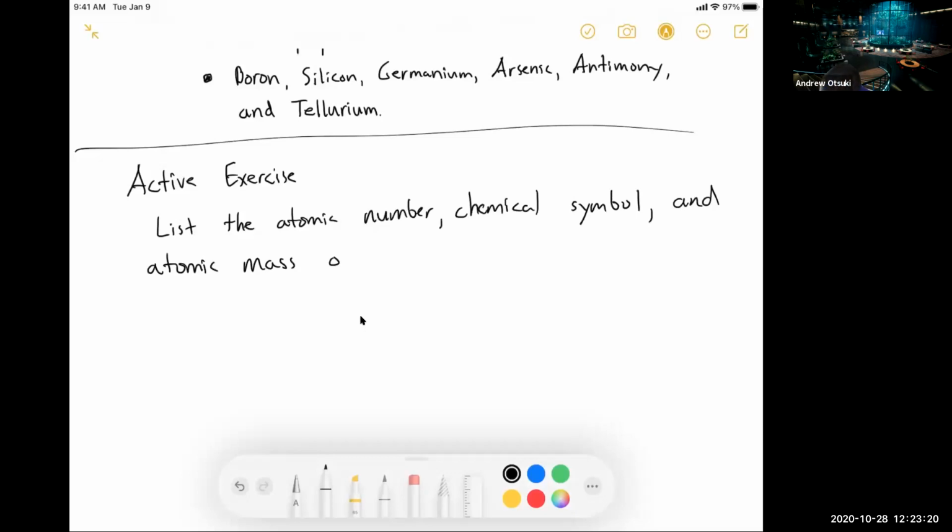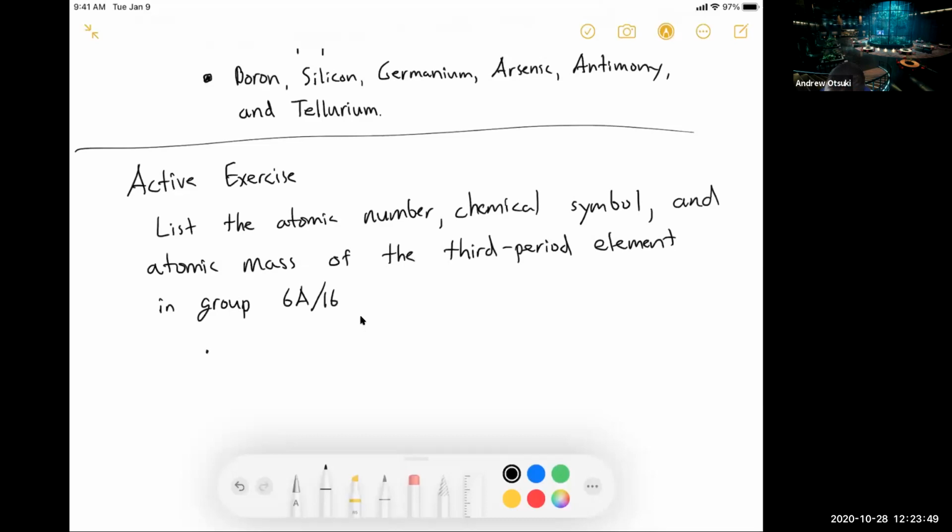Mass of the third period element, third period element in group 6A/16.